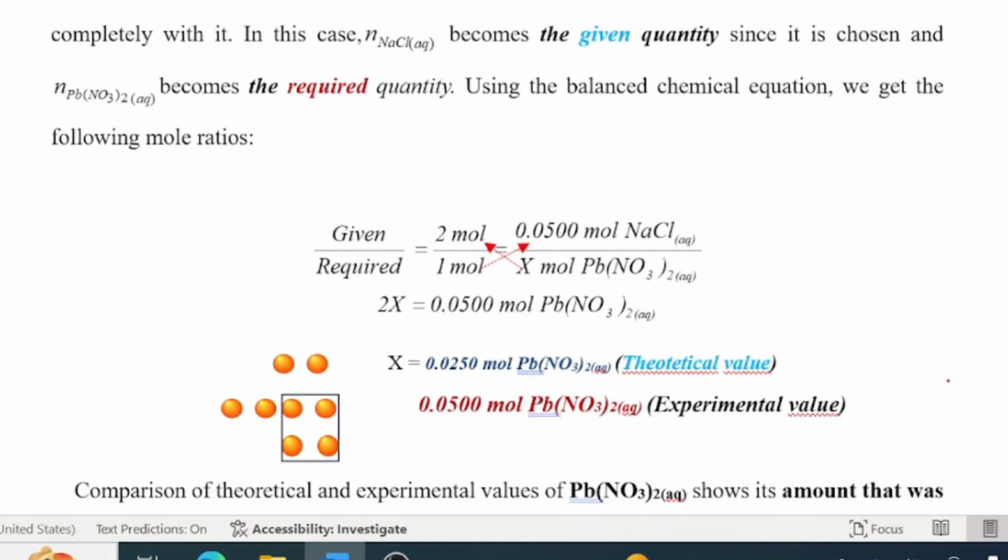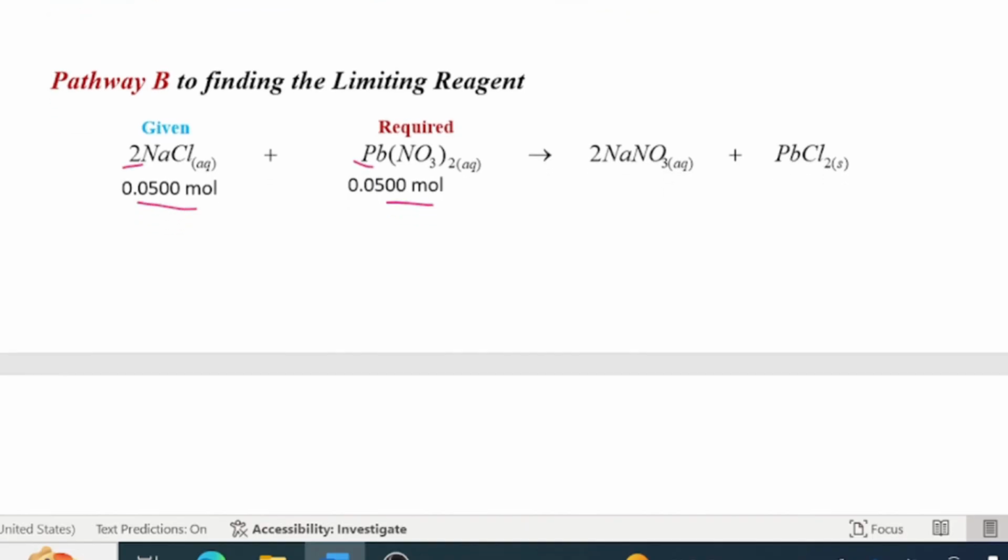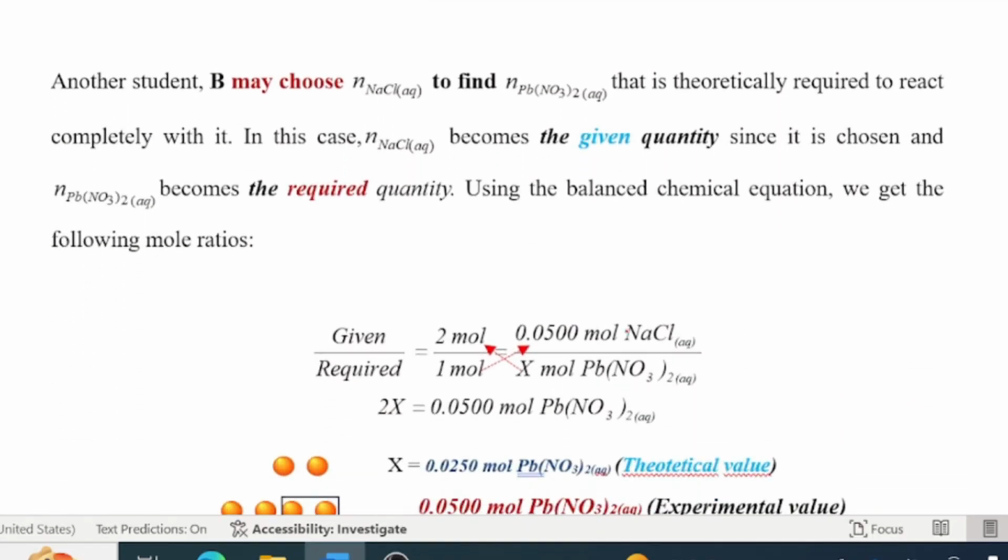Now if you choose sodium chloride, from the equation you can see the number of moles ratio is 2 to 1. When you chose the other one, this was 1 to 2. Now you're choosing the other one, it becomes 2 to 1, and that's the number of moles of sodium chloride. And you end up with that amount of lead nitrate that was supposed to be used.